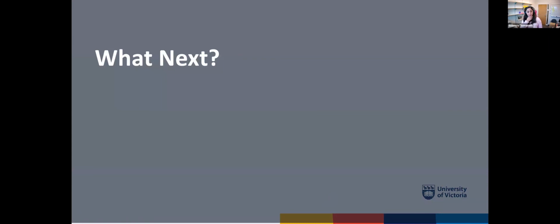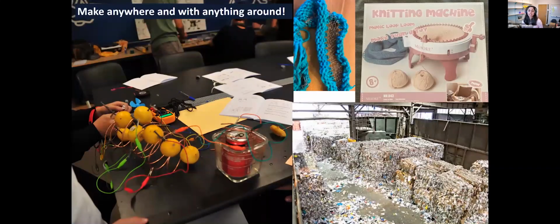So those are the questions and kinds of projects we're working on, and going forward, I'm thinking about similar kinds of things. And here are some really quick examples of what I'm thinking. I'm really interested in thinking about how can we make anywhere and with anything. So how do we make at home? How do we make, say, at a recycling plant, like you see in this rightmost image?